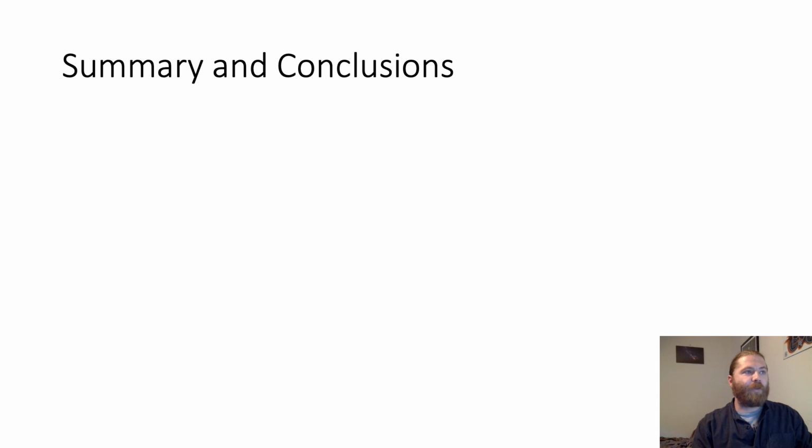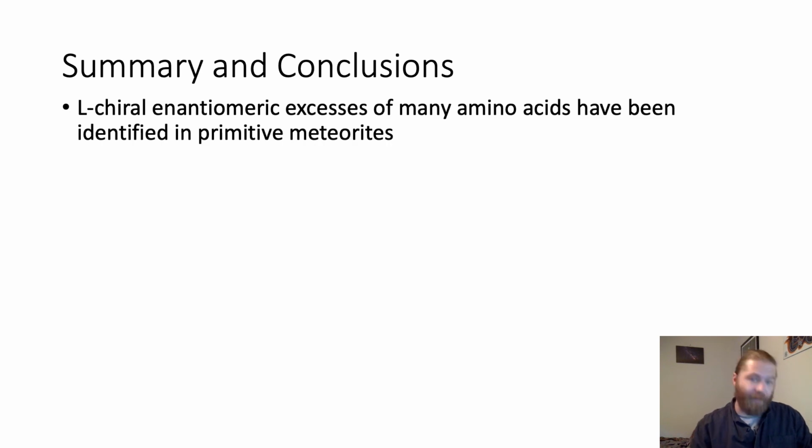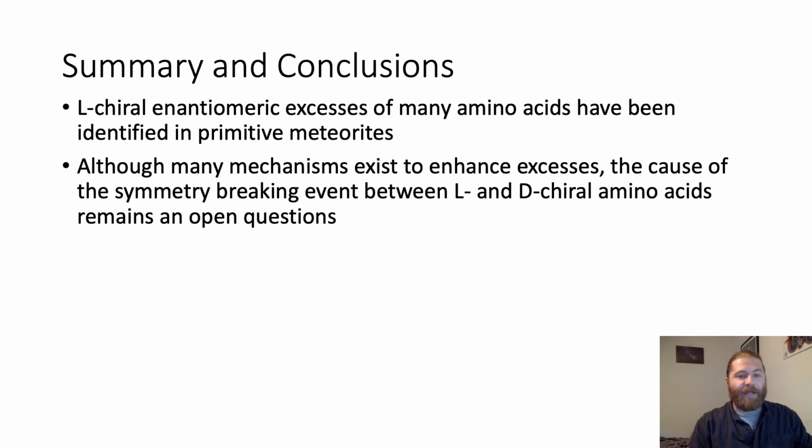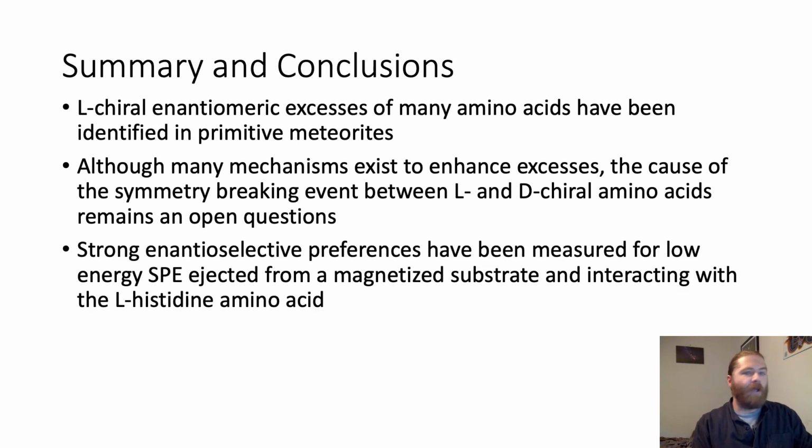So in conclusion, L-chiral enantiomeric excesses have been identified in many primitive meteorites, and although many mechanisms exist to explain these excesses, ultimately the cause of the symmetry breaking between L versus D remains an open question.